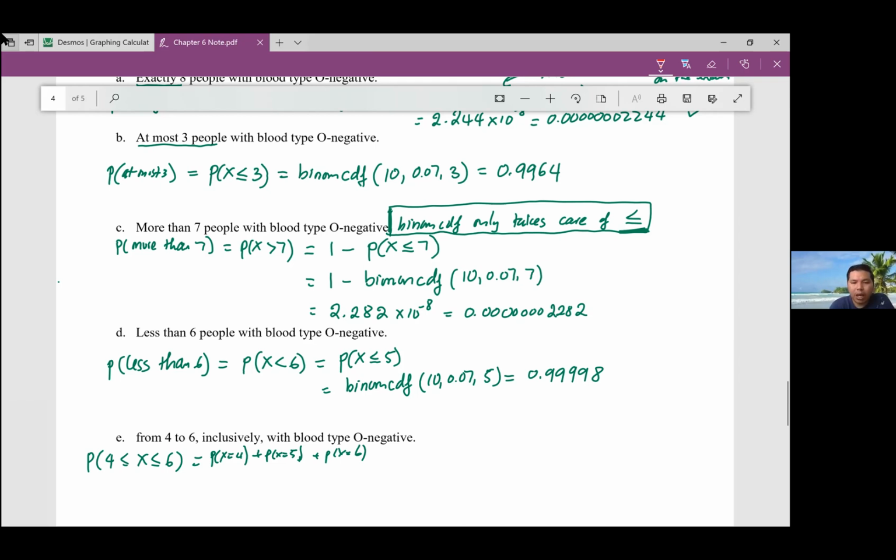All right, so we have binompdf of 10, 0.07, comma 4, plus binompdf of 10, 0.07 and 5, plus binompdf of 10, 0.07 and 6. And then you can put in those commands and you should be on your way.